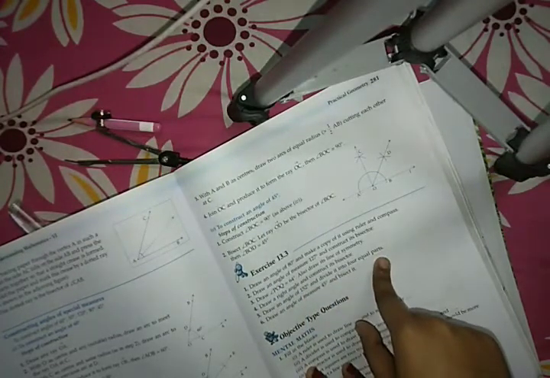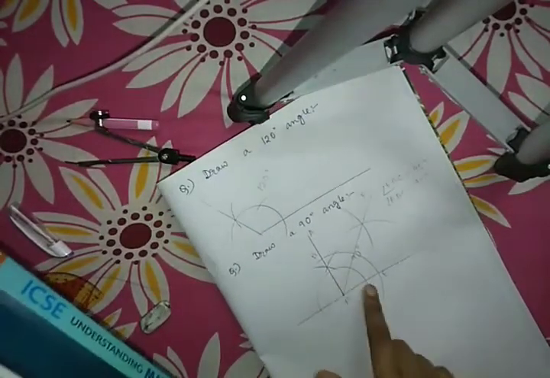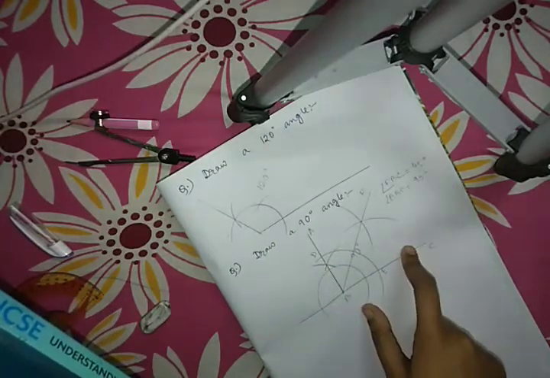Next, question number 5. Draw an angle of 152 degree and divide it into 4 equal parts. So first you will bisect the angle 152 degree. Then you have to again bisect each of the angles. Means suppose here I have bisected 90 degree angle. So these 2 parts are 2 equal parts of 90 degree angle.